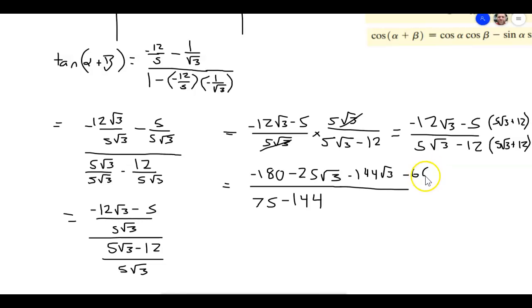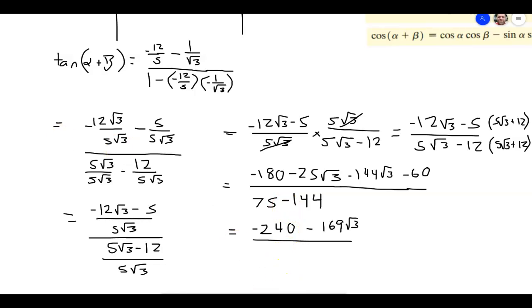And lastly, let's clean this up here. So this will be negative 240 minus, that should be 169, 169 root 3, all over 75 minus 144.